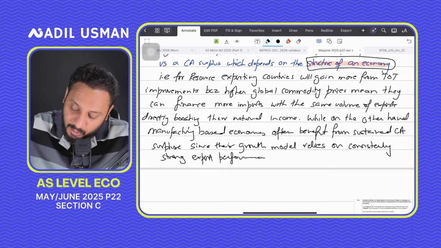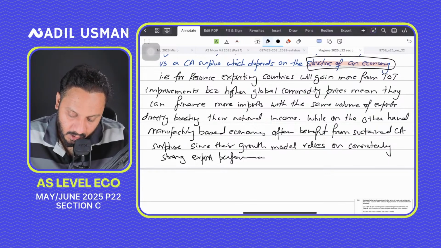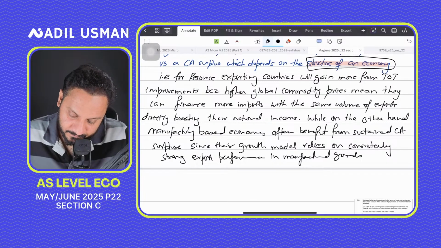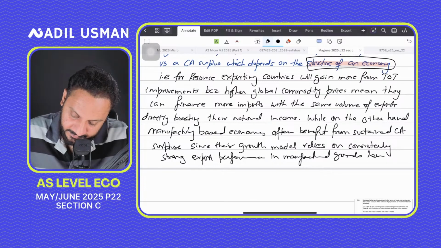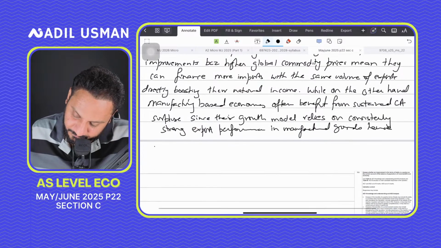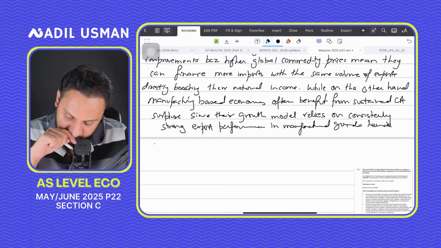So the growth model relies on consistent export performance in manufactured goods.